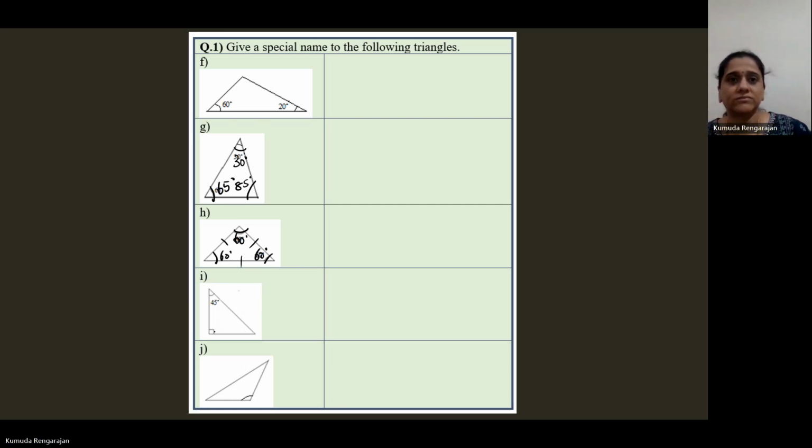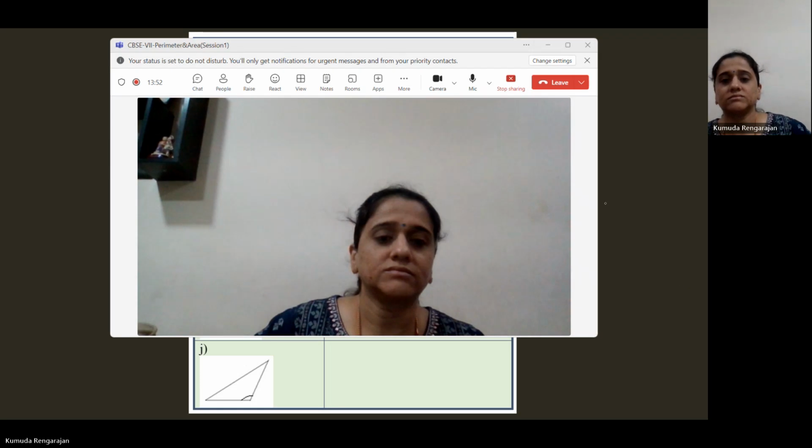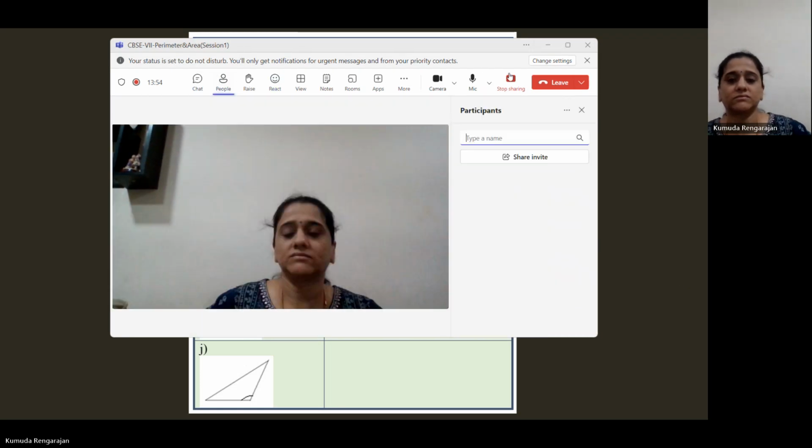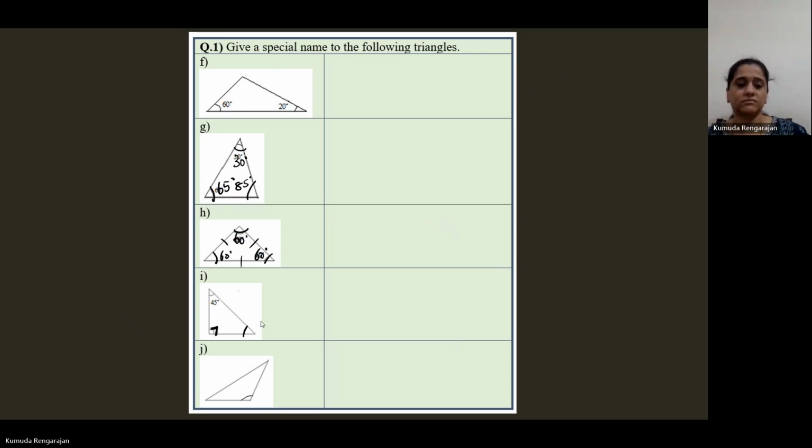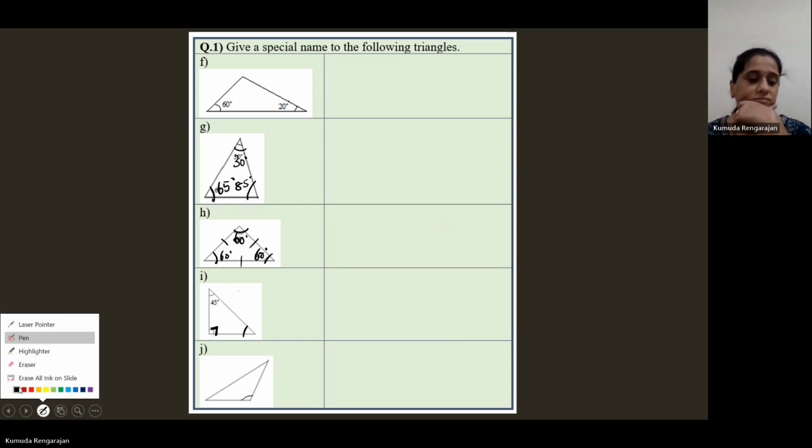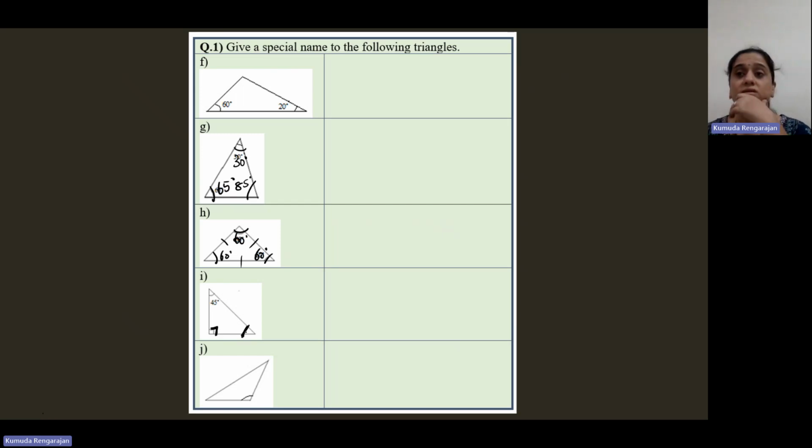Next one. 90 degrees. So right angled triangle. But what will be the measure of this angle? 45 degrees.